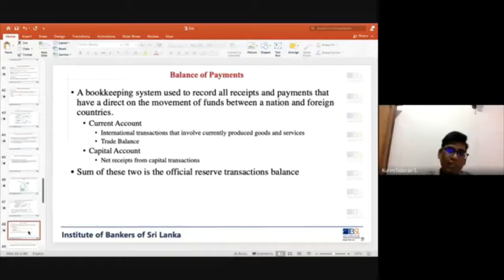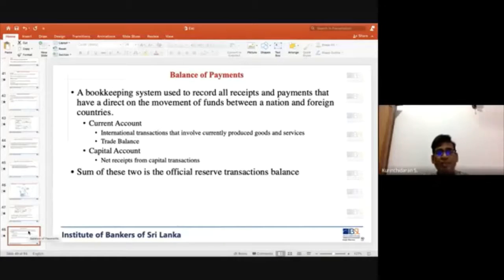If you take the sum of these two, it is the official reserve transaction balance. Now if you take all these together, you can see what the changes will be in the official reserves held by the Central Bank of Sri Lanka or any central bank.